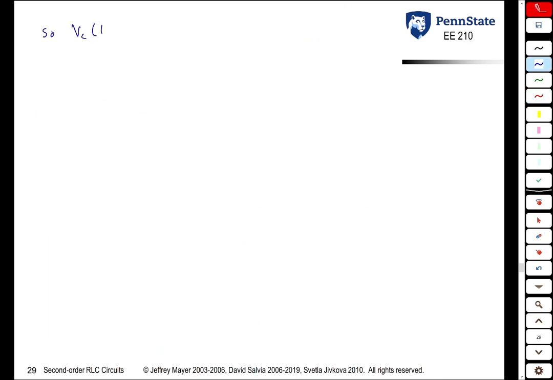So we know the form of VC of t for t greater than or equal to 0 is going to be VC of infinity plus A1 e to the minus 3/8 t plus A2 e to the minus 1/8 t.